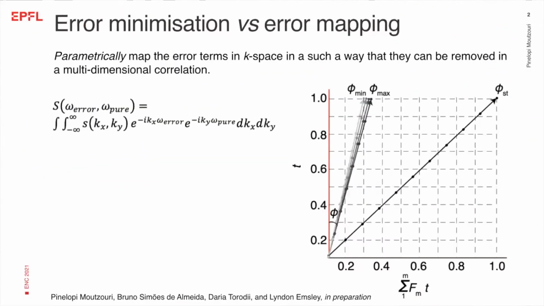What we would like to do is parametrically map the errors in k-space in such a way that they can be removed in a multidimensional correlation experiment. We suggest a k-space where the ky axis corresponds to the evolution of the desired pure interaction, and the kx axis corresponds to the evolution of the error terms.